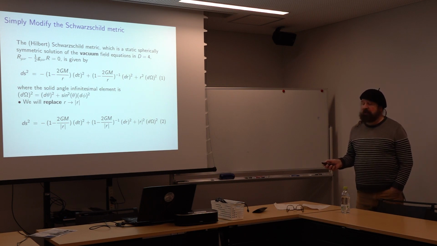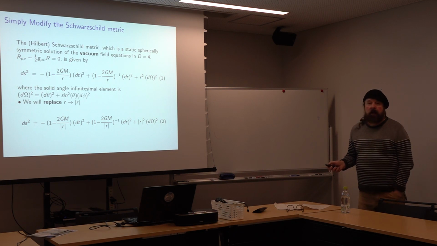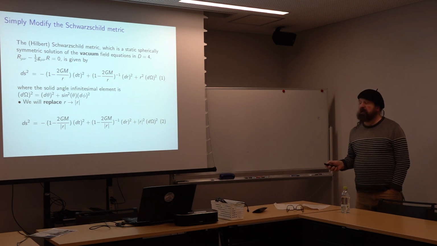And you see, the solution that Schwarzschild found is not the solution that all of you are going to read in your textbooks for the past 100 years. This solution that you find in all textbooks was actually given by Hilbert, not by Schwarzschild. But for historical reasons, everybody calls it the Schwarzschild solution.